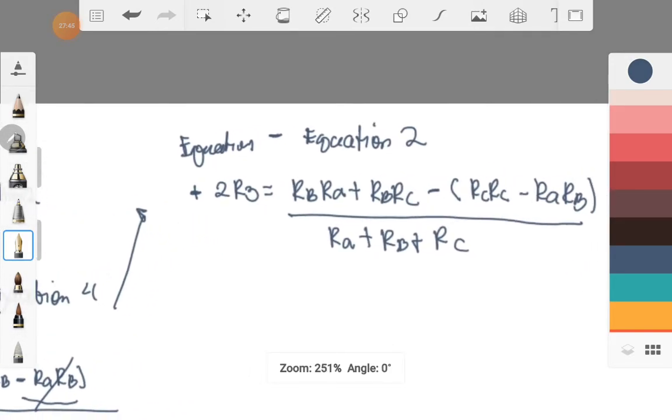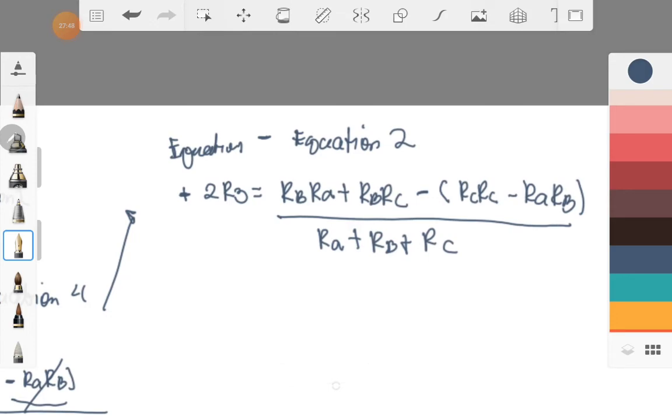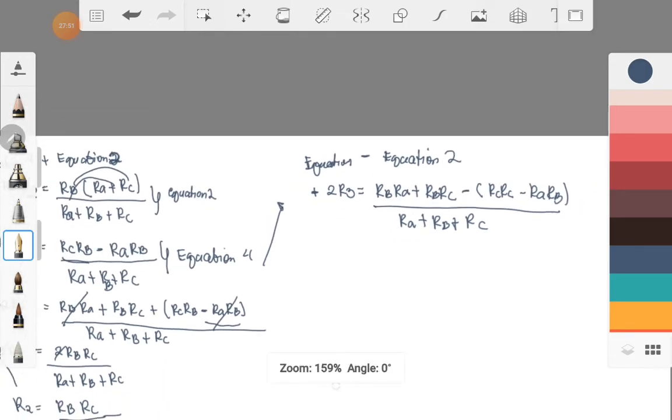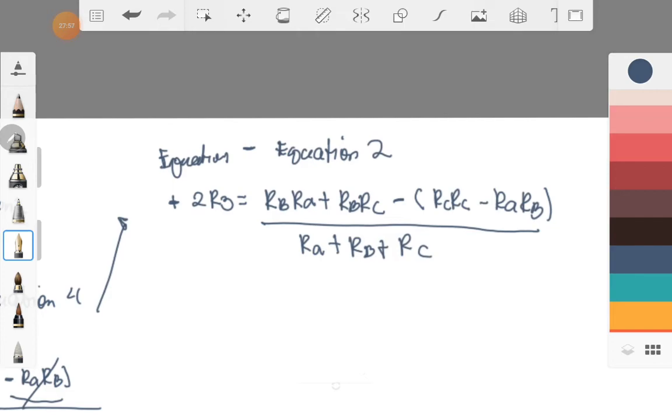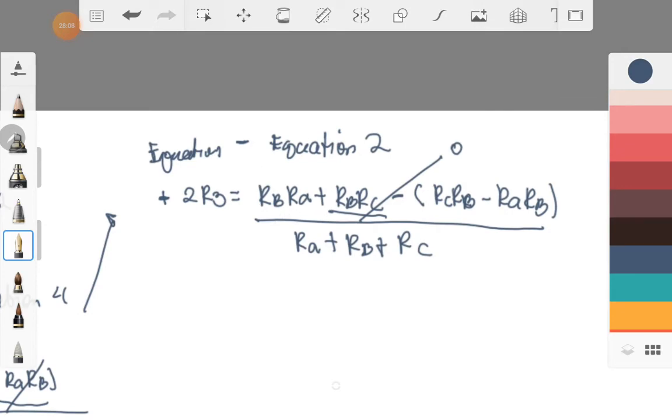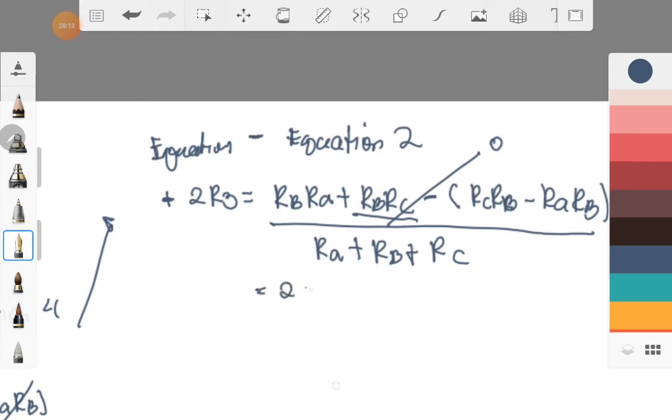Right? So, mapapansin nyo that magka-cancel yung RC, RB natin. RC, RB. Okay? So, RC, RB minus RC, RB is equal to 0. Right? So, RA RB minus negative RA RB, we have positive 2 RB, RA divided by our RA plus RB plus RC which is equal to positive 2R3.